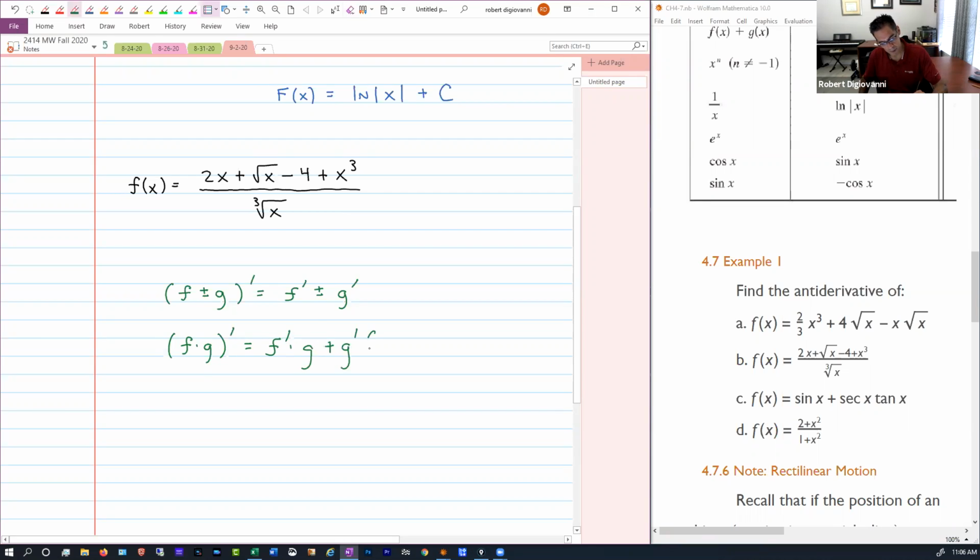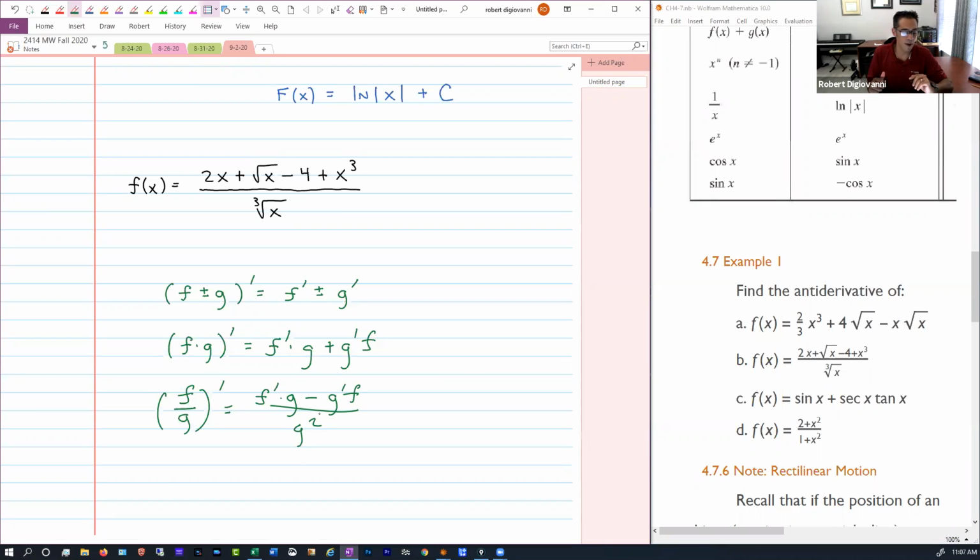We all know these, and then if we have a quotient and we take the derivative in Cal 1, we know it's not just the derivative of top and bottom separately, right? You have to use the formula. Well, when we're doing antiderivatives, it's the same ball game.